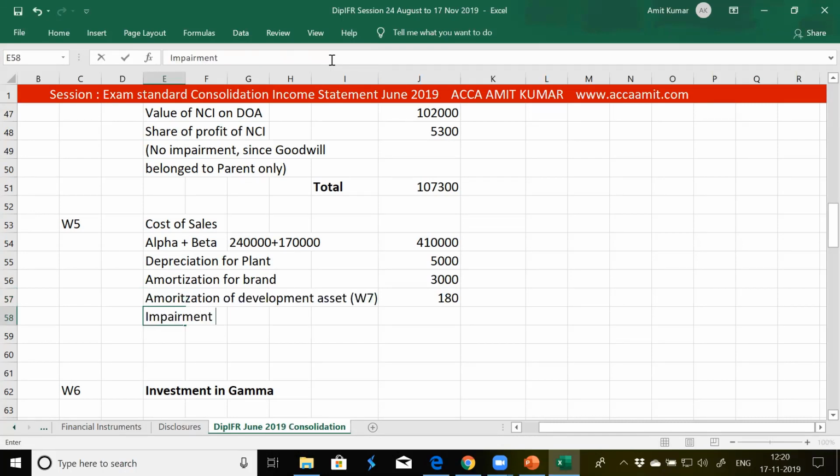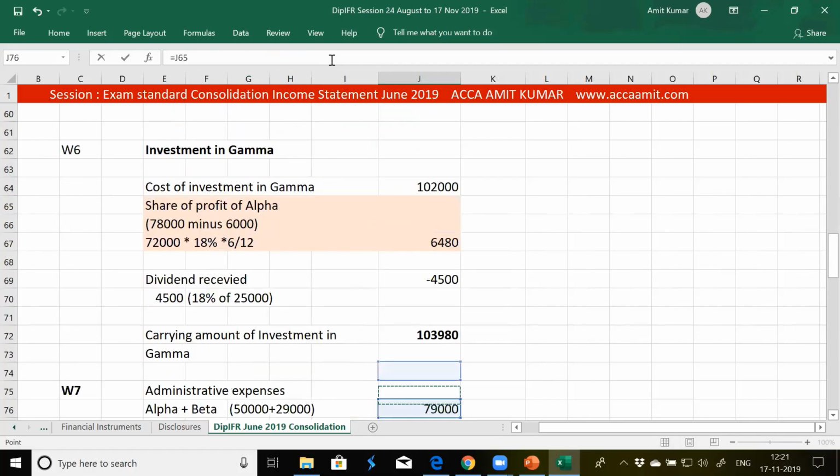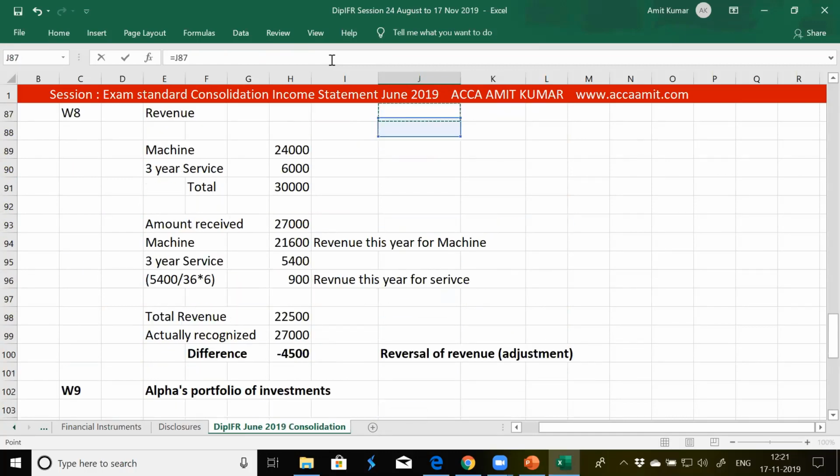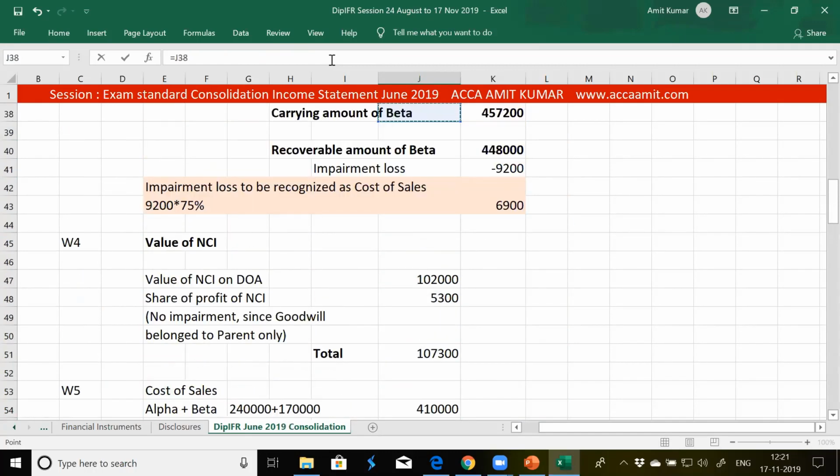Impairment loss of goodwill, note number 3, to be included as part of cost of sales. 6,900.